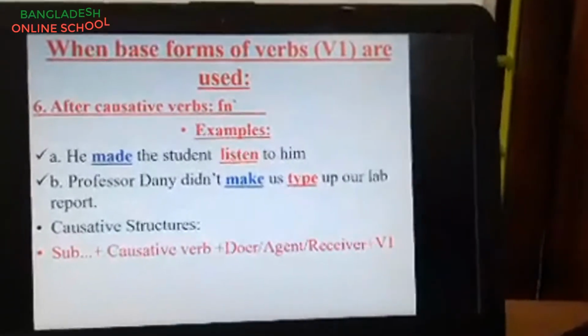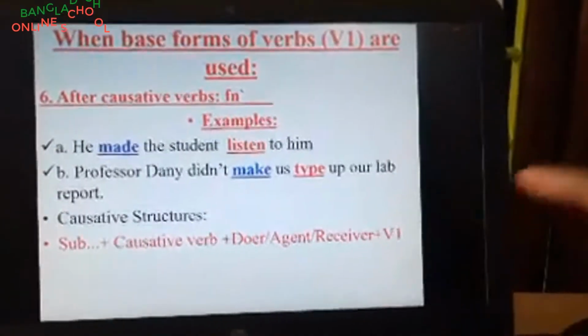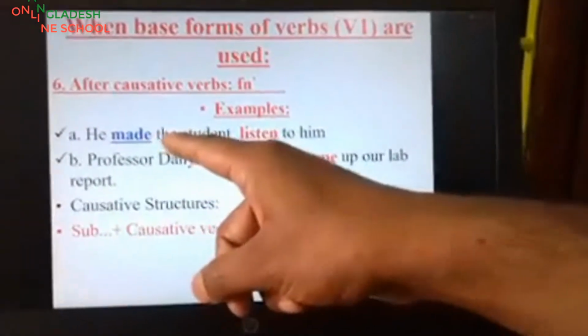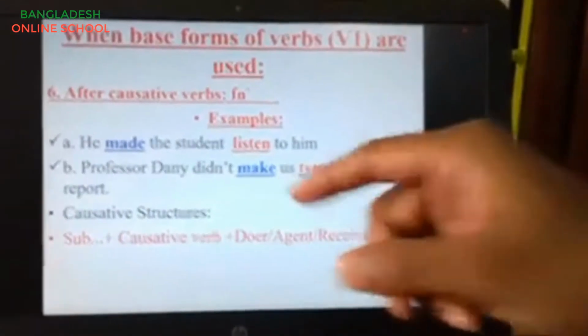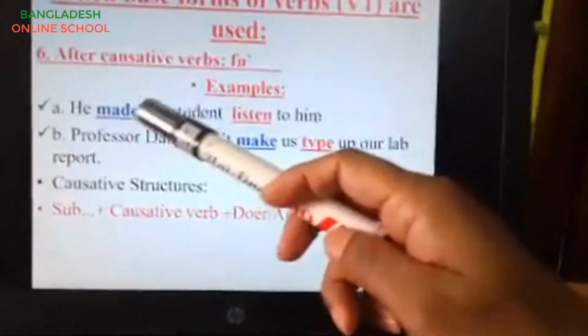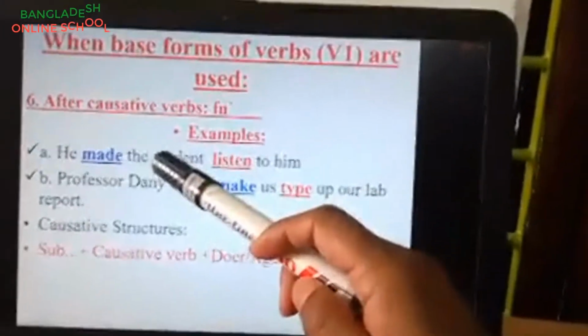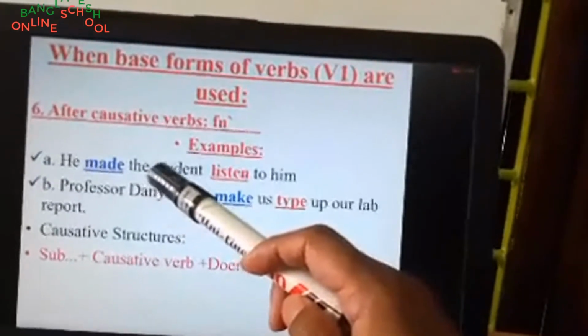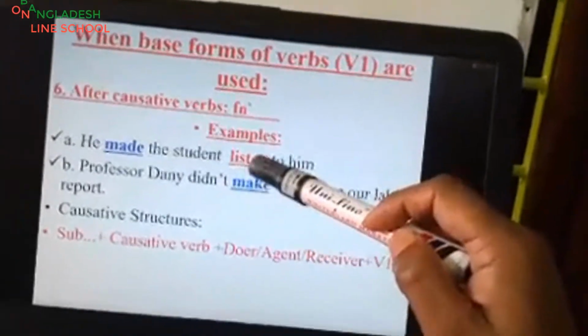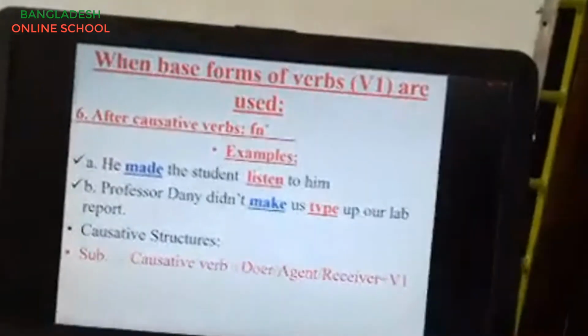So students, he made the students listen. The student is a doer, that is why listen is used. Okay, there is another idea about causative verb I will discuss in a later lesson.